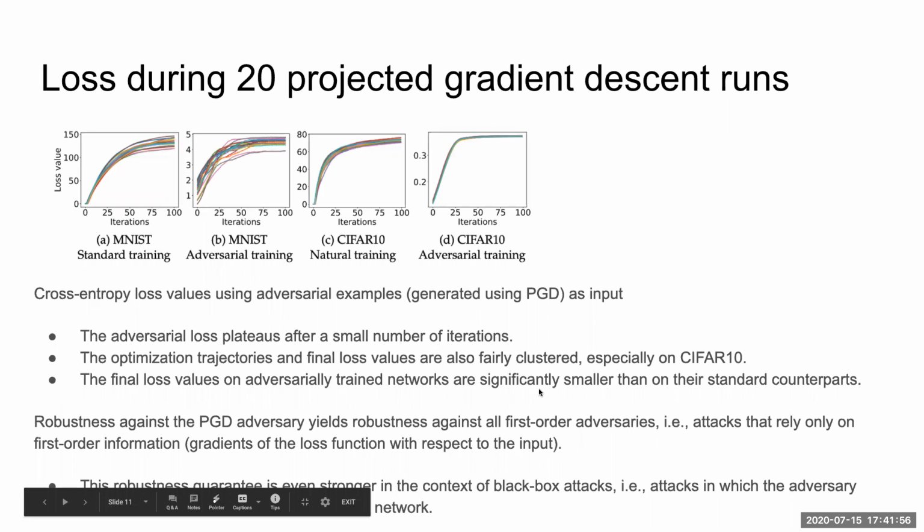So here's the first thing they looked at. They were looking to establish that it's possible, via adversarial training, that means adding training instances that were developed, and for this experiment it was specifically using the projected gradient descent method, that a model trained on those instances would be robust and protect against any and all first order adversaries, i.e. adversaries that relied on information specific to the model.